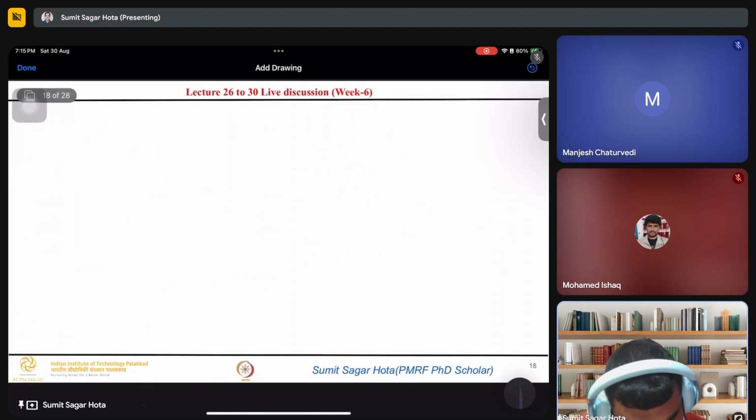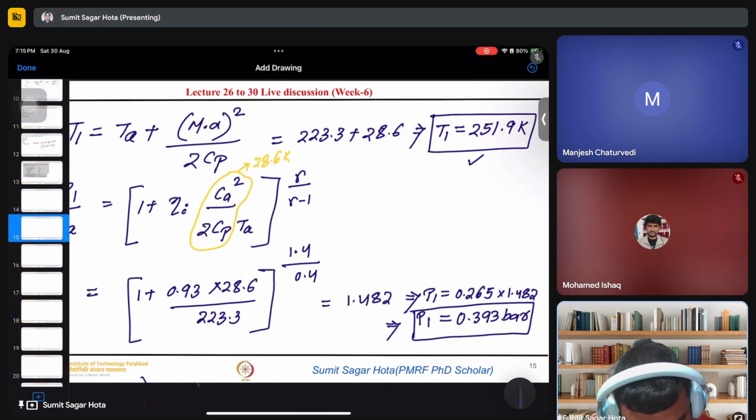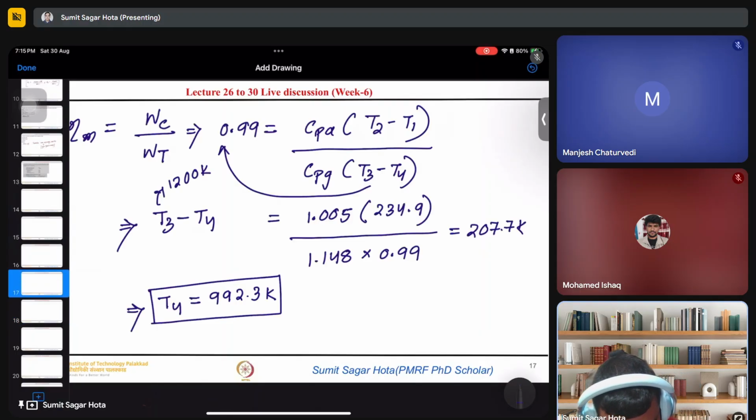Now we have T3, T4, and P1, P2, but we don't have P3 and P4. So we need to find P3 and P4, and also T4 dash. T4 we have, but in our cycle T4 dash is also there. Then only you can find our final expression.